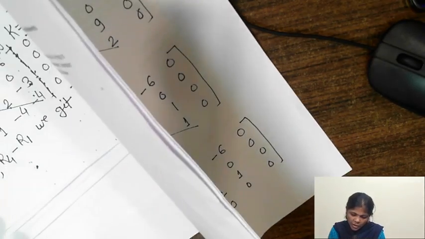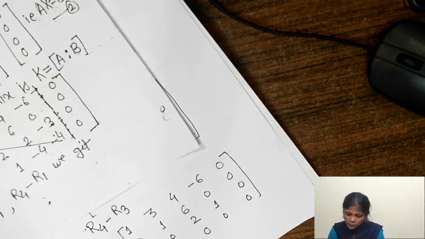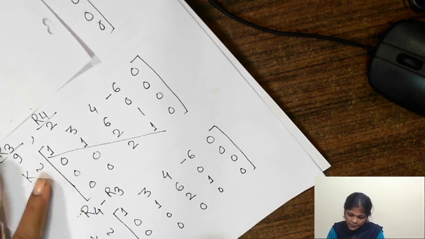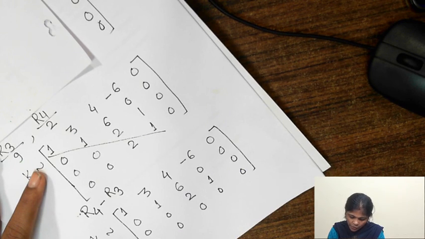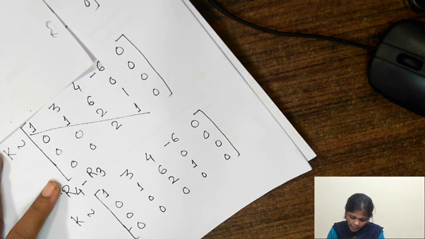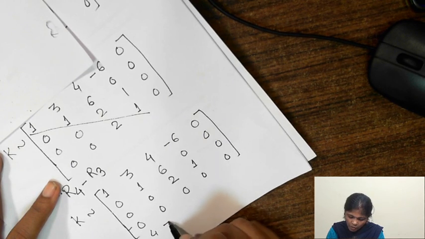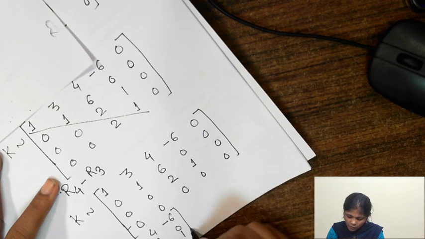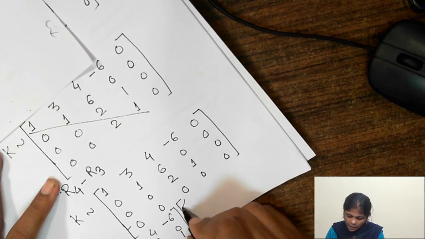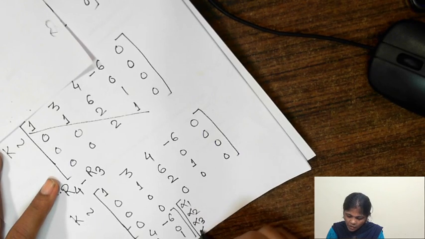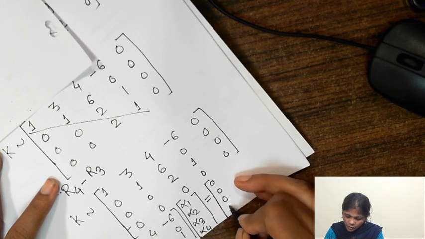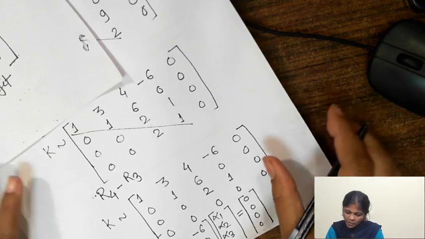So equation 1 implies equation 2, where A is 1 3 4 minus 6 0, 1 6 0 0 0, 2 1 0 0 0, into x, which is alpha 1, alpha 2, alpha 3, alpha 4, equal to 0 0 0.